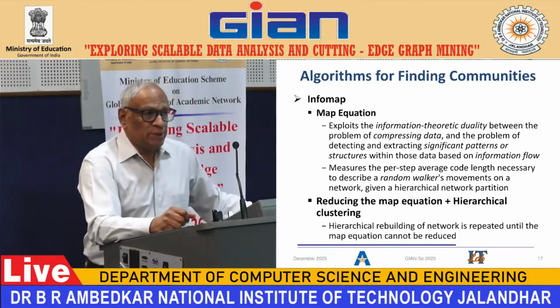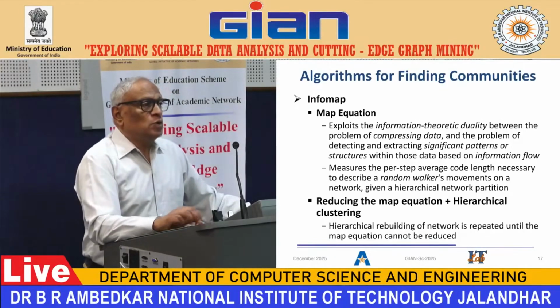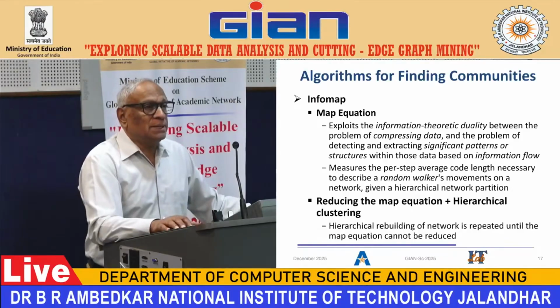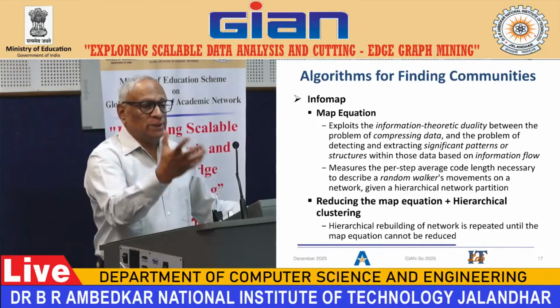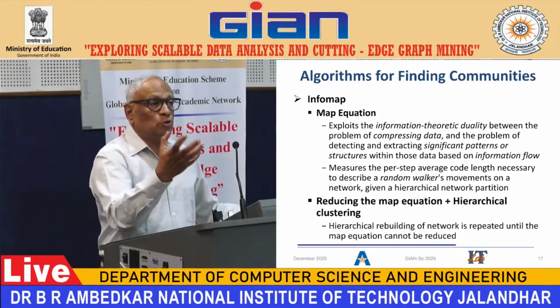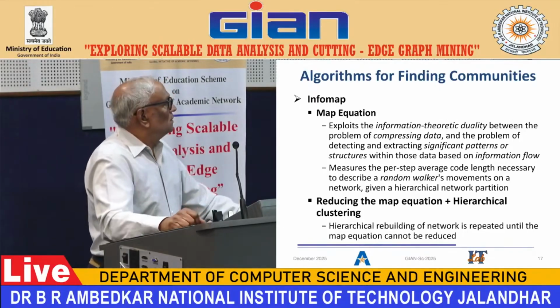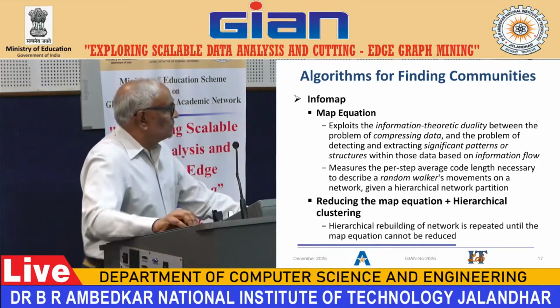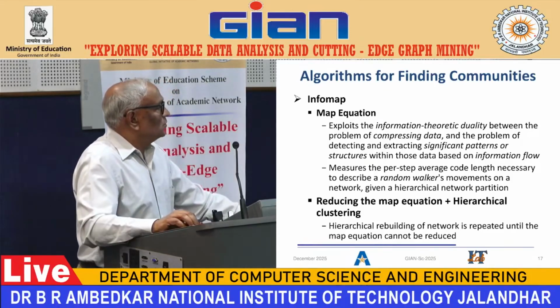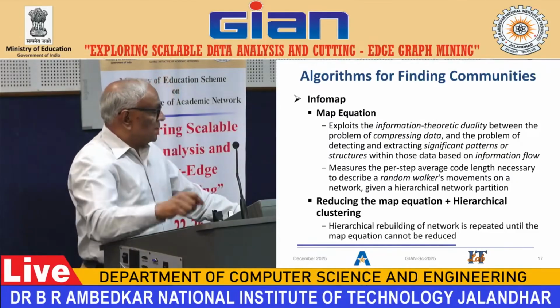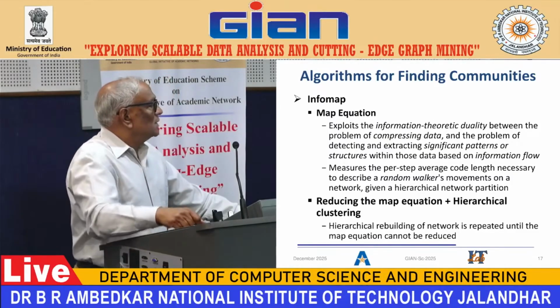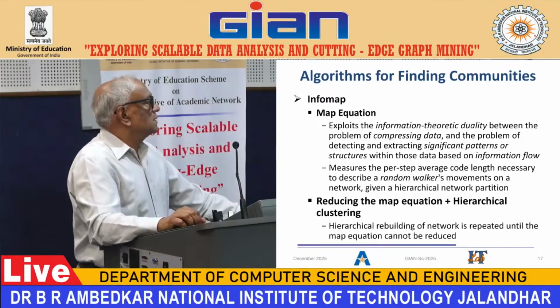We will see this when we do substructure discovery. We use something called the minimum description length, which is a way to compress the graph to understand whether a particular substructure is good or bad. It measures the per step average code length necessary to describe a random walker's movements on a network given a hierarchical network partition, reducing the map equation plus error.